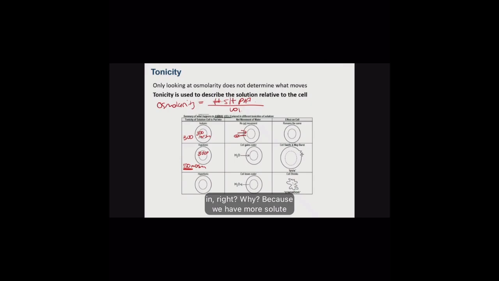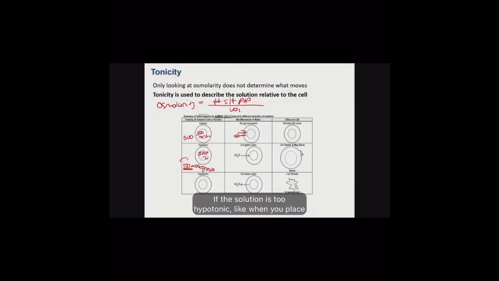In, right? Why? Because we have more solute particles per volume in that cell, so water would want to go in and dilute it, right? Or you can just think about this one having high water, and this one having low water relative to the solution. So net movement of water is going to be into the cell.